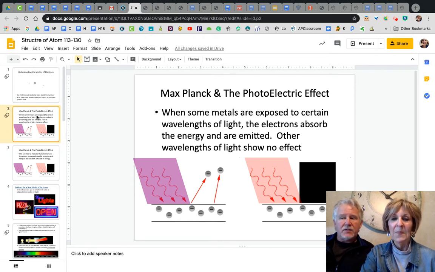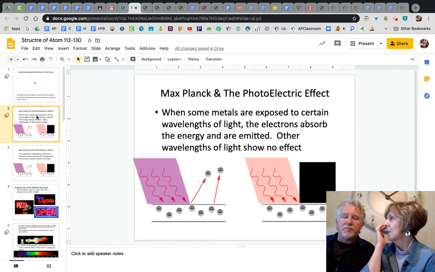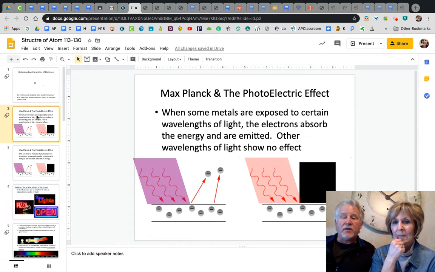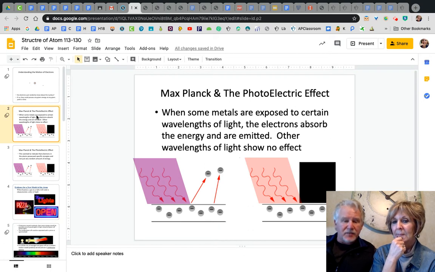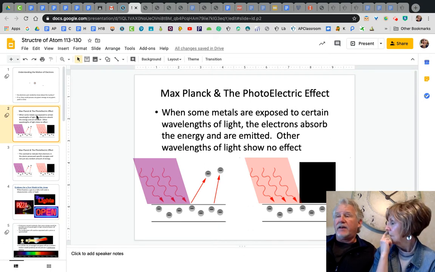The photoelectric effect is very interesting. This is one of the things that gets pretty complicated about electrons, and this is why we have to look at quantum theory. In a normal situation, you would pump energy into something, and eventually it would absorb enough energy that something happened.